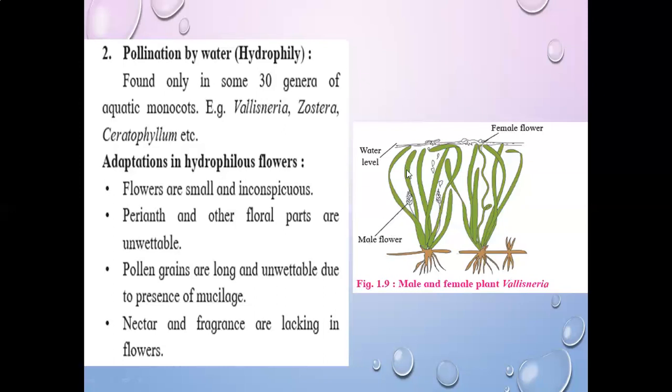The male flower produces pollen grains, which float on the surface of water, while in the female flower the style is long and the stigma is present at the water surface, so that these floating pollen grains are deposited on the stigma because the style is so long.